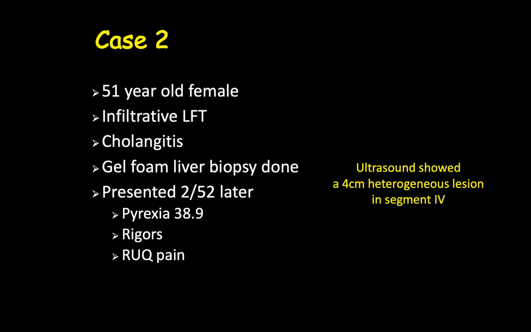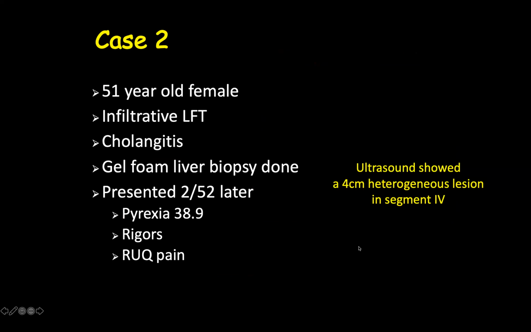This was also, in fact, a leading national politician's wife, and the physicians in their wisdom decided to do a gel foam liver biopsy for a patient who had infiltrative liver function tests and was said to have had episodes of febrile cholangitis, but I'm not quite sure what that meant.